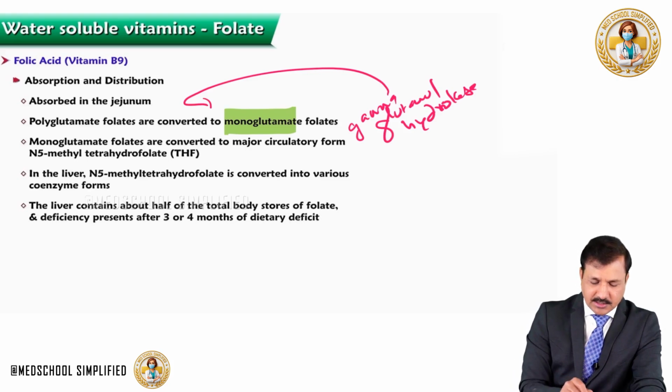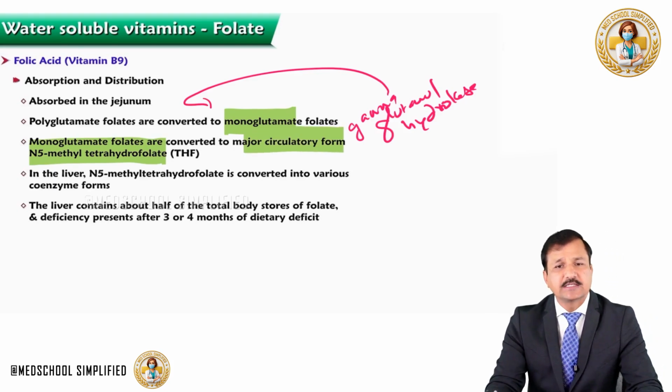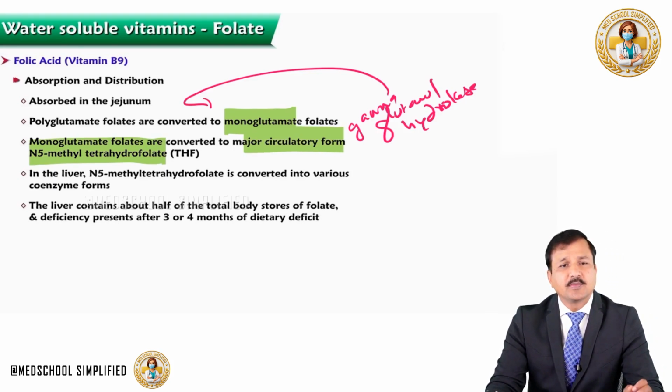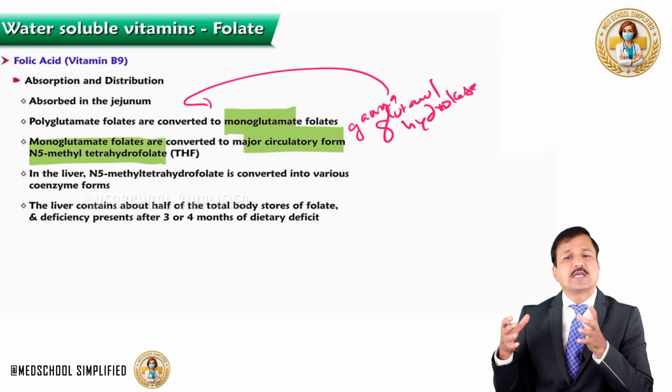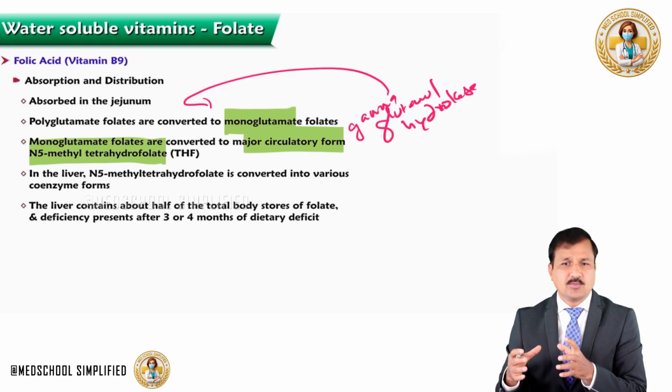Make sure you remember this molecule. The major circulatory form of folic acid in our body is N5-methyl tetrahydrofolate, and this is the molecule entering into the portal blood.